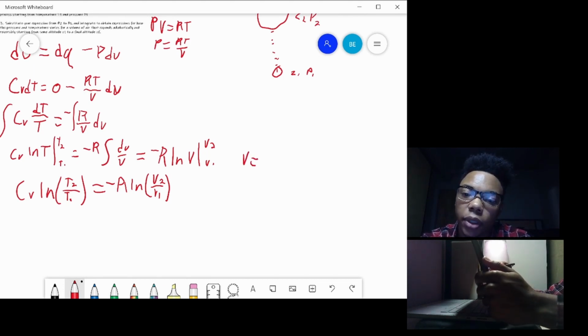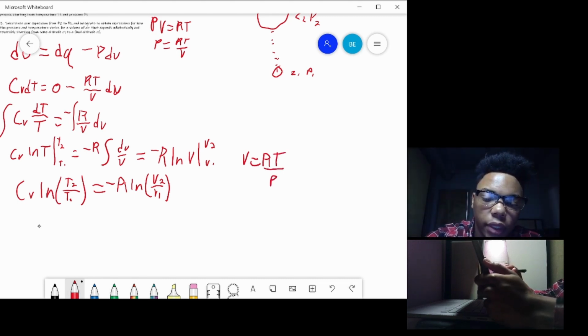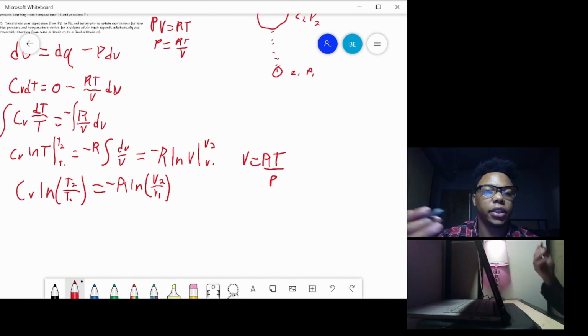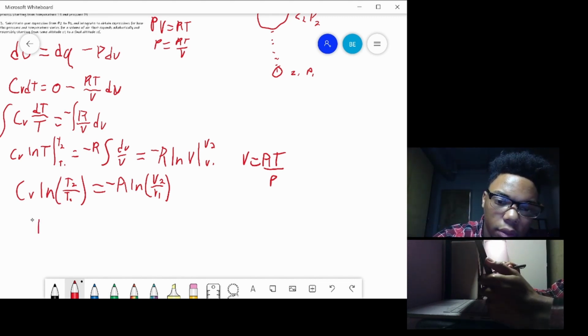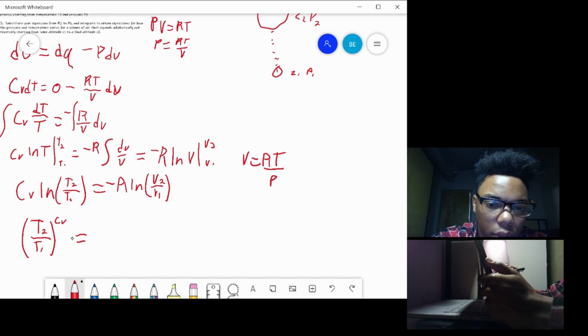So V is going to be equal to RT over P. First, let's do everything to the e so that we have T2 over T1 to the Cv equals V2 over V1 to the negative R.